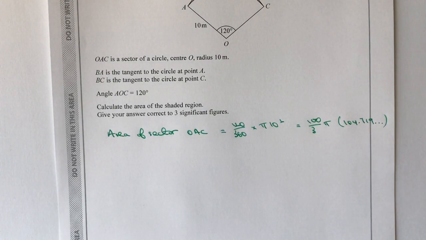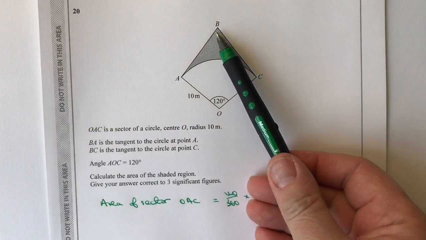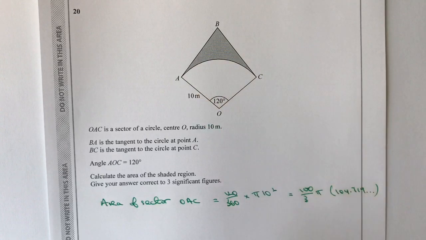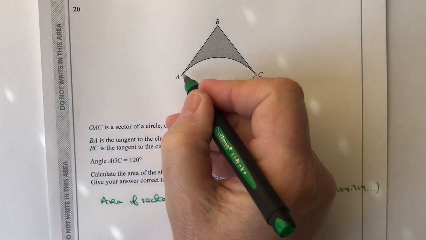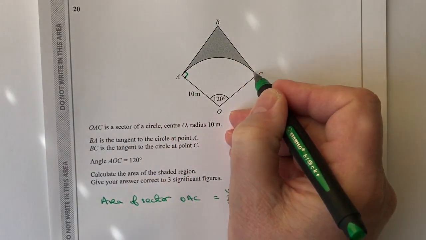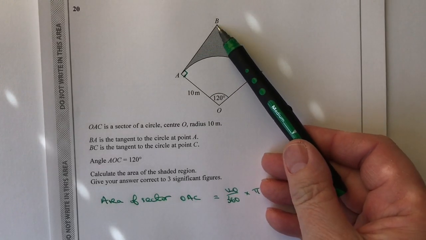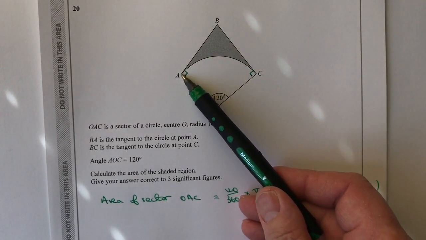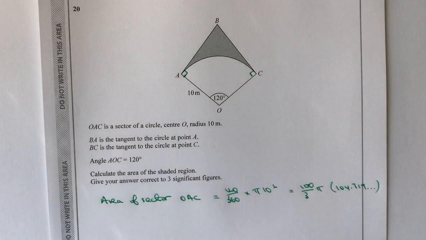The next bit is I need to work out the overall area of this particular quadrilateral, this four-sided shape. What I do know is that these are right angles. The reason I know they're right angles is that it tells me BA is a tangent to the circle, and a tangent always meets the circle at 90 degrees.